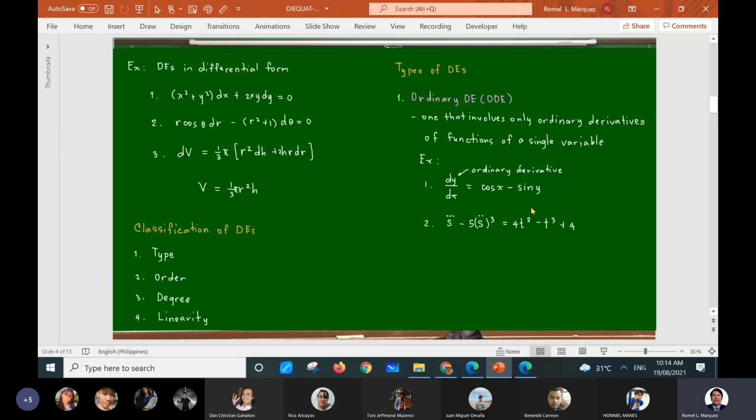Okay? So this is also an ordinary differential equation because it involves just ordinary derivatives: third derivative and second derivative.